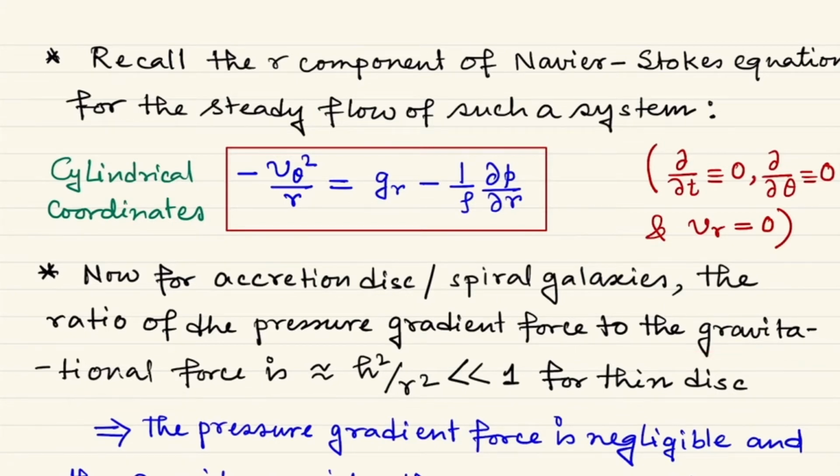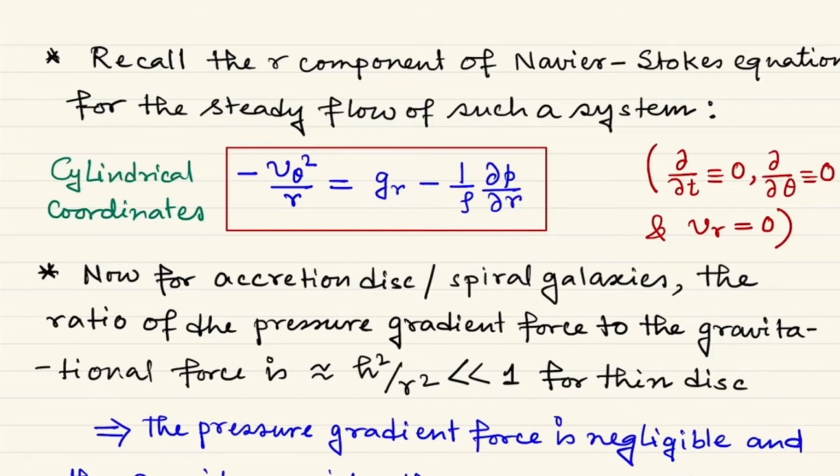Just check your old notes where we discussed the accretion disk: the ratio of the two will be simply of the order of h square by r square, and for a thin disk this is negligible. So just a point, it can be an interesting study to see how this ratio becomes for a non-thin disk.